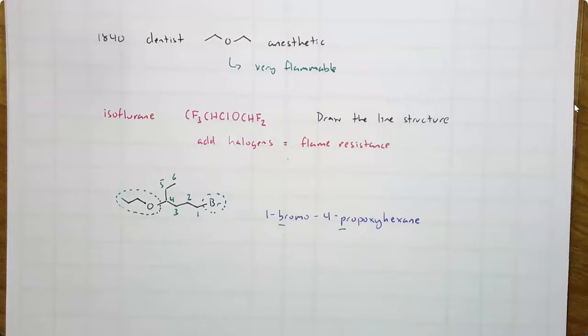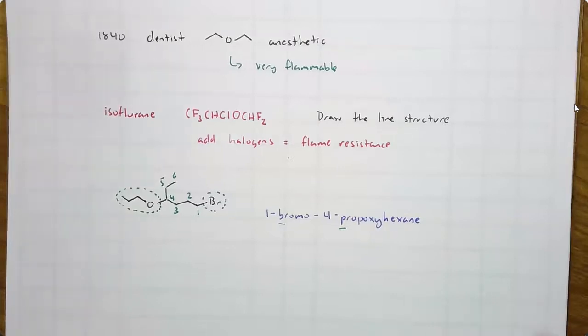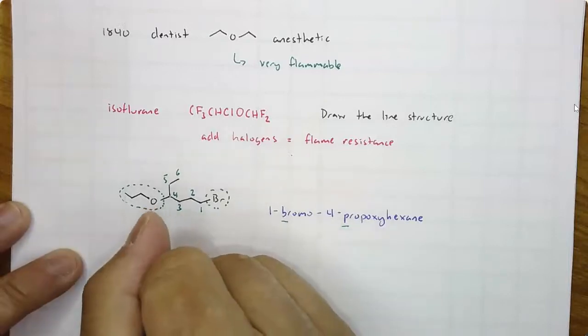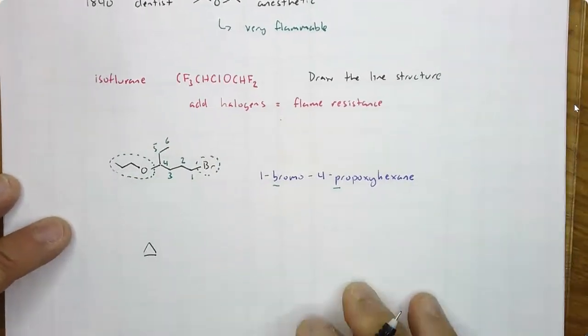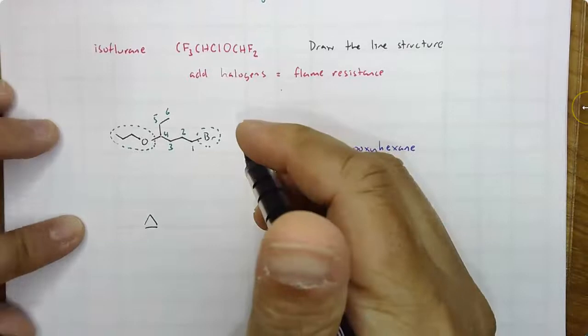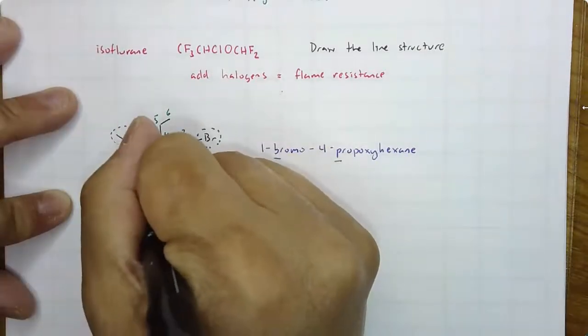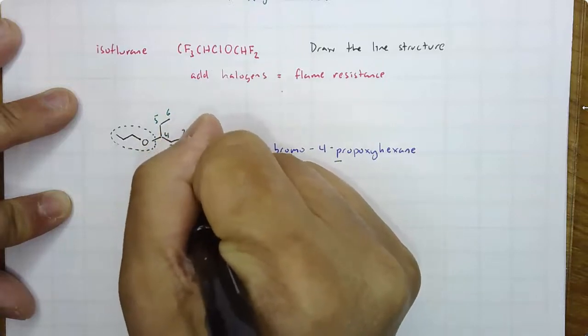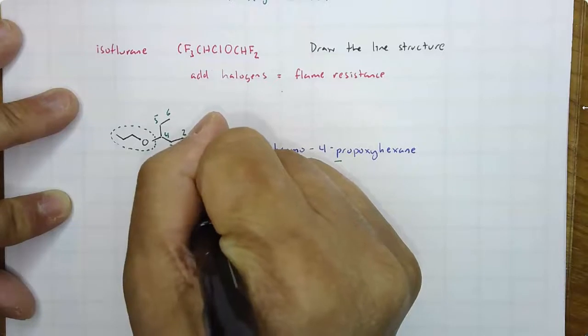What other ethers do we have? If we have a cyclic molecule, okay, there's a very simple cyclopropane, and we have an alkoxy group attached to it. Let's make it like that.